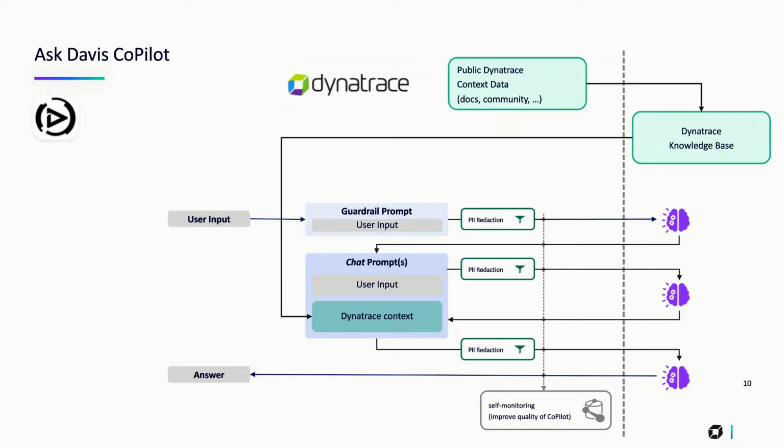The only, in quotes, difference between those two approaches is the knowledge base, which is used for the semantic search, and the context and the prompt engineering under the hood. In this particular case, for the chat application, we are tapping into many officially available data sources like our documentation, our developer portal, a community, and blog posts and stuff like that.